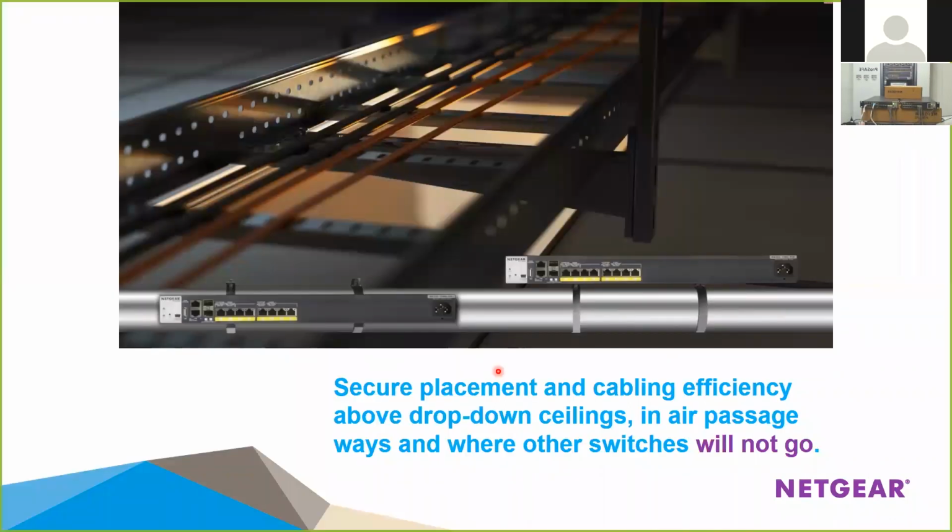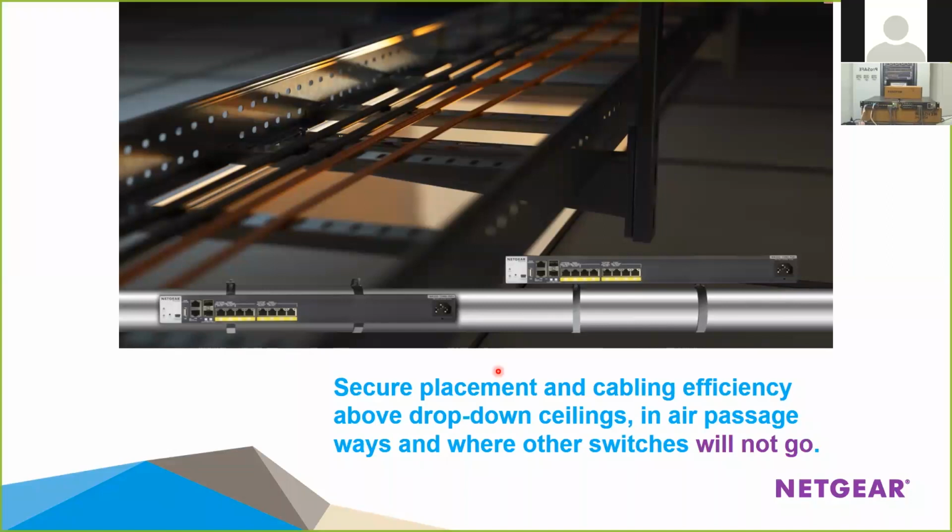This M4200 switch comes with a very innovative form factor. We call it easy mount. It means that not only can we go to a rack with the rack mount kit, it's a very slim design, but also, often depending on the conditions, we'll want to hold that switch closer to the access point.